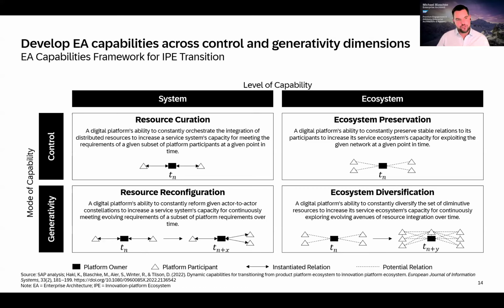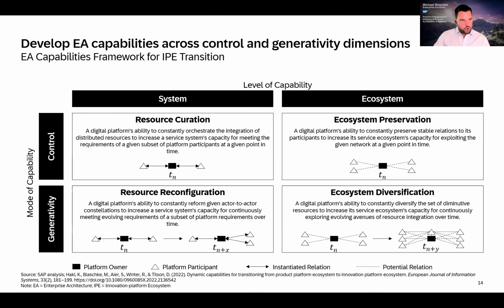And remember, I introduced generativity as the ultimate goal in the first place of transitioning to innovation ecosystems. Let me briefly touch upon all 4 of these, and we're gonna deep dive later into their very substance or nature.